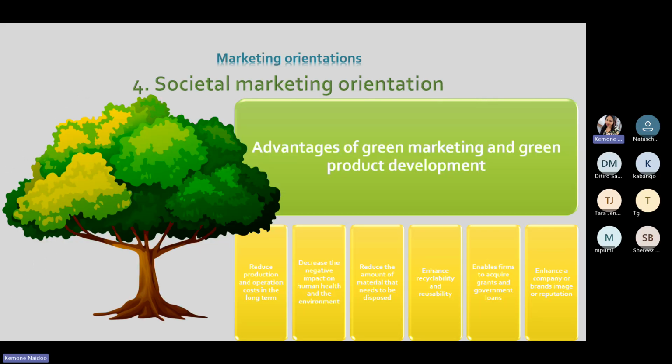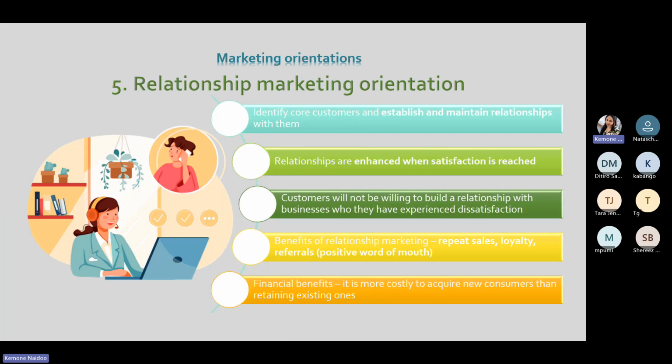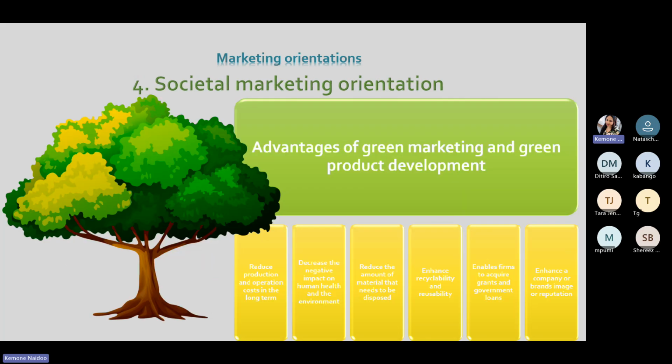Okay. So you can do a number of things when it comes to societal marketing. You can change your product packaging. You can change the way that you're disposing your waste. And also the way that you're advertising, you are mostly advertising to a target audience that is associated with being more environmentally conscious.